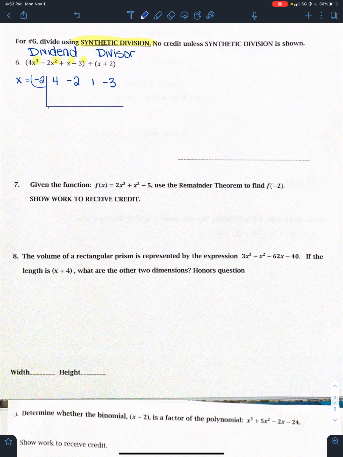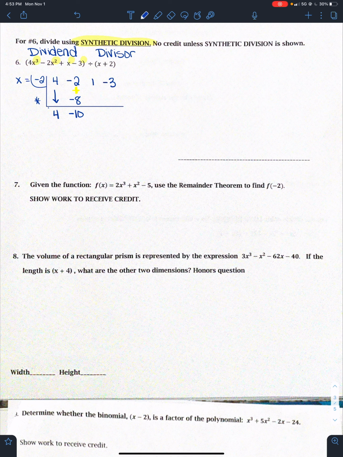All right, using synthetic division, the first term gets dropped down. So when we have that negative 2, we're going to do negative 2 times 4. That gives me negative 8. We are going to add or combine these terms together. So that gives me negative 10.